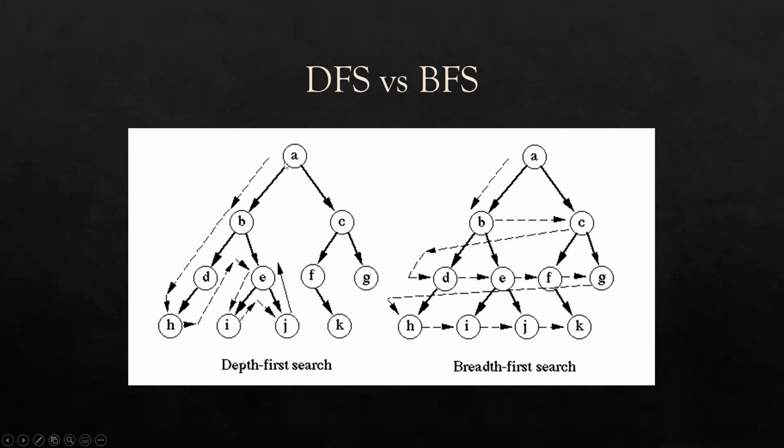In this case, let's say we start from A, you traverse down to B, and then you go all the way down until you hit H. But in this event, you will then have to go back to B and reanalyze the different vertices, and then check out I, and then after that you go to J, and then you go backward to B. You do not finish examining B until you have examined all of its vertices.